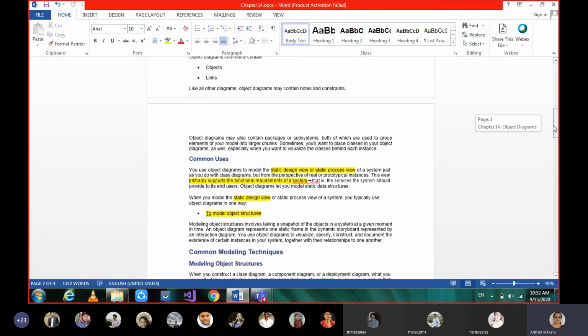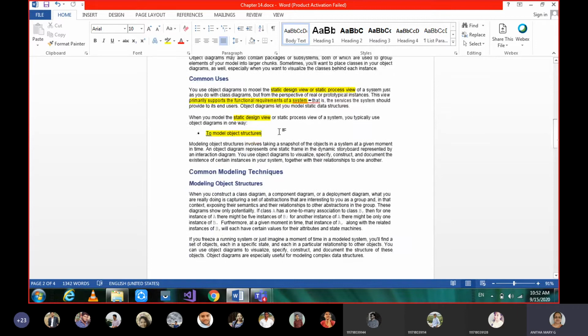But as I told you, the second part of the diagrams chapter will be common modeling techniques. Under common modeling techniques, whatever use we studied will be repeated here, but here under that subheading it will be explained using an example.